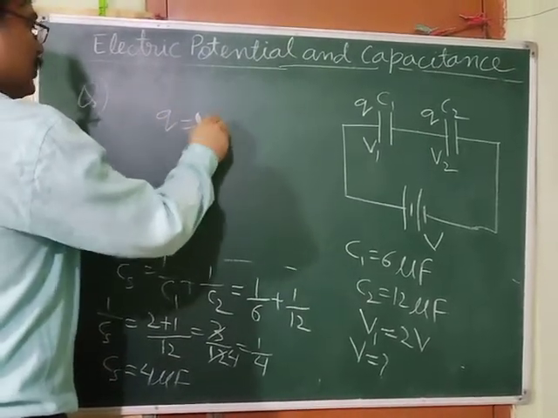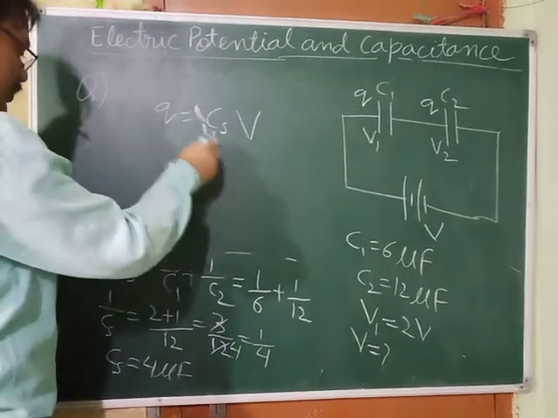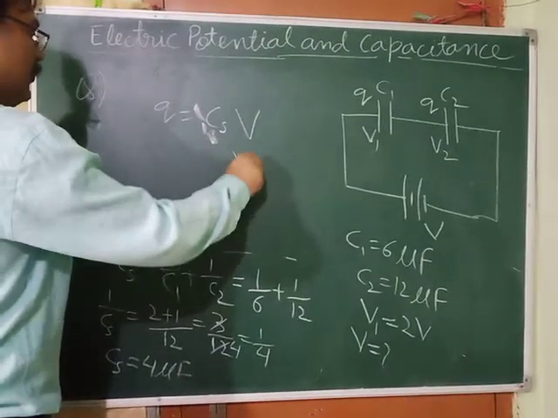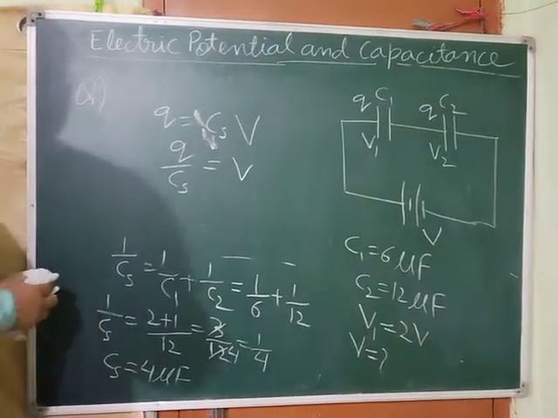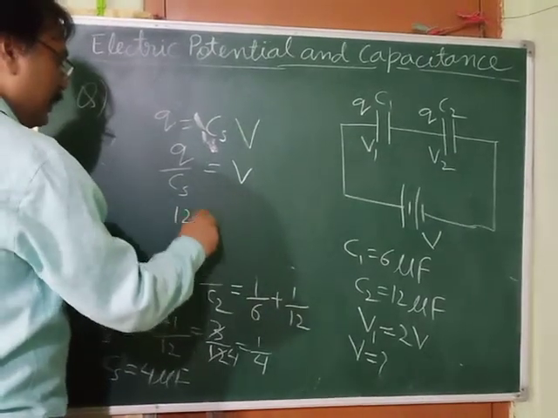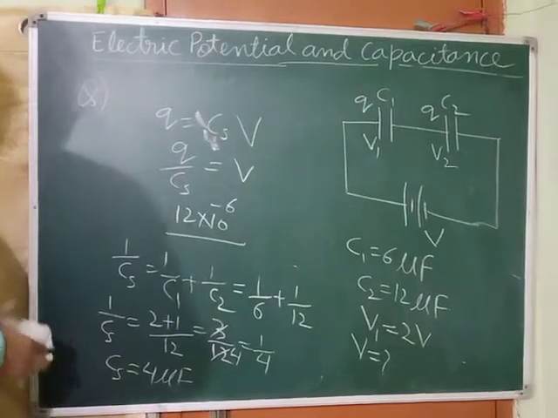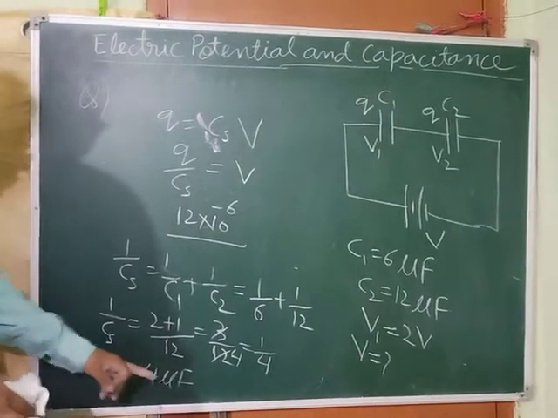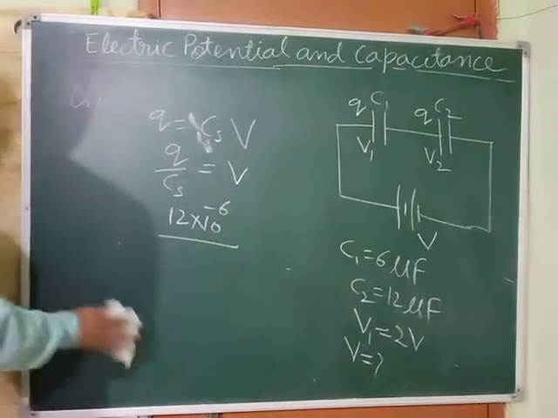Q is equal to Cs into V. And total charge is known to us, we have to find out V. So V is equal to what? Q by Cs. Now Q is how much? 12 into 10 to the power minus 6 coulomb. What is Cs? Cs we have got 4 microfarad. 4 microfarad means 4 into 10 to the power minus 6.